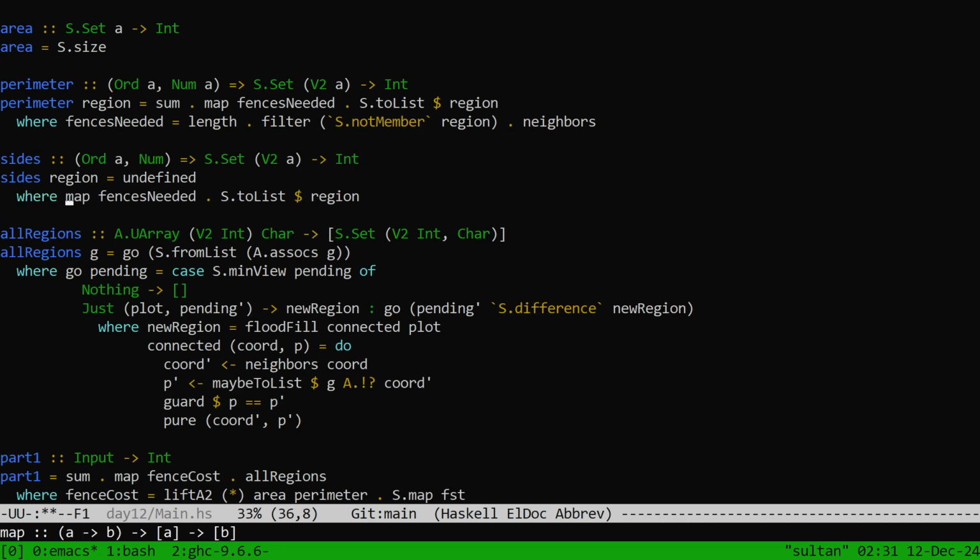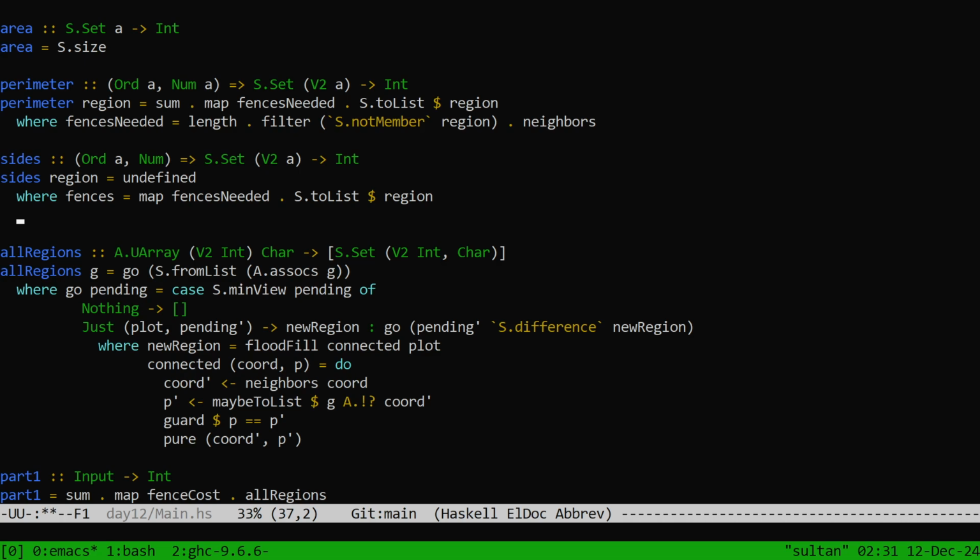Where fences is this, and fences needed is this. So fences... No, this isn't actually what I want.